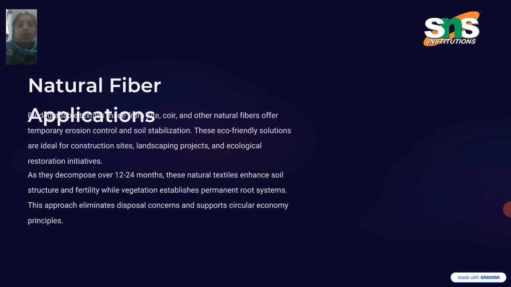As they decompose over 12 to 24 months, these natural textiles enhance the soil structure and fertility while vegetation establishes a permanent root system. This approach eliminates the disposable concept and supports circular economy principles. So, the natural fibers are used for further purposes of Oeko textiles. After their lifetime, they are changed into a fertility material also.